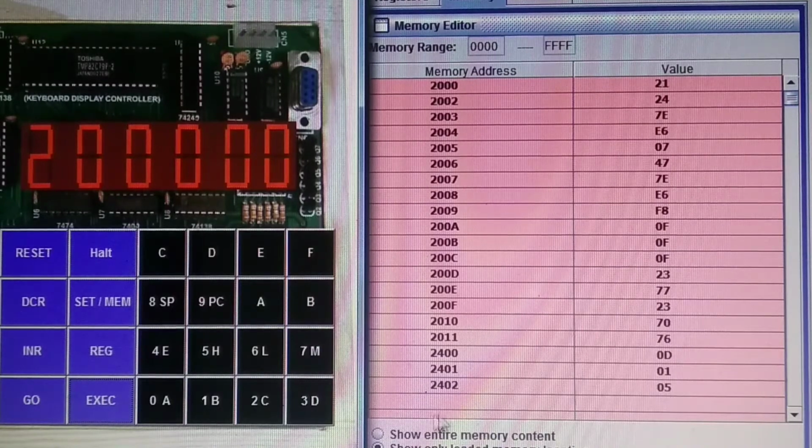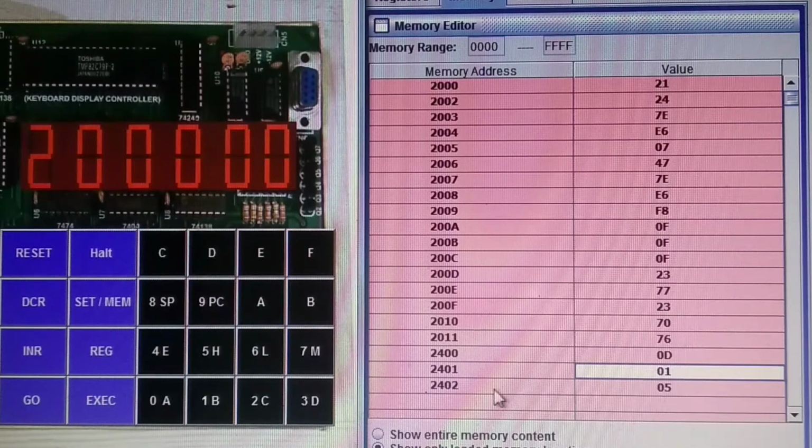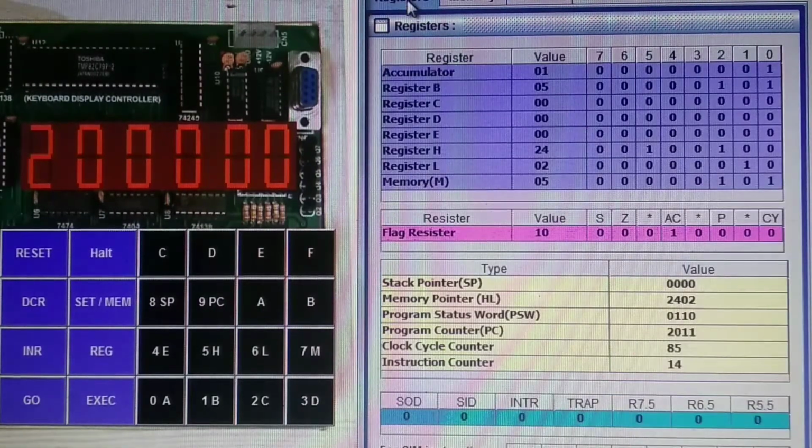After execution of the program, you get at 2401 the answer 01 and at 2402 the answer 05. Now check the contents of the registers. In accumulator 01, register B 05, the remaining C, D, E not used, H L 2402, memory equal to 5, program ends at 2011.